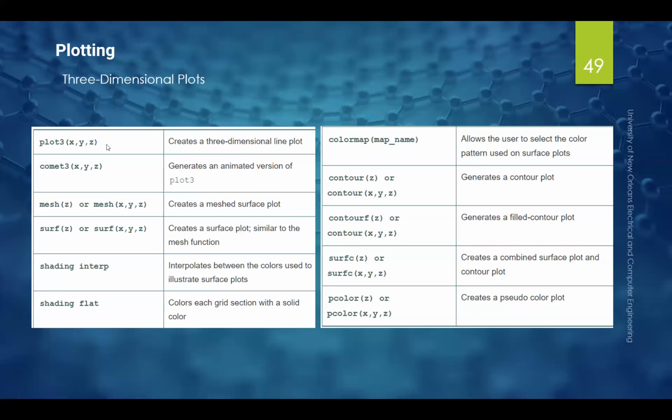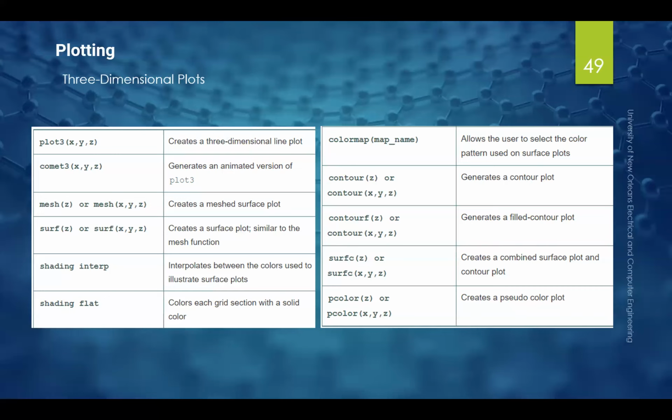And so we have different functions built in. We have the plot3 function, which creates a 3-dimensional line plot. The comet3 function is really just cool to see. We're not going to do it here in this lecture, but you may just want to try one time and see what it does. It basically creates a plot, but it's doing it in an animated way.